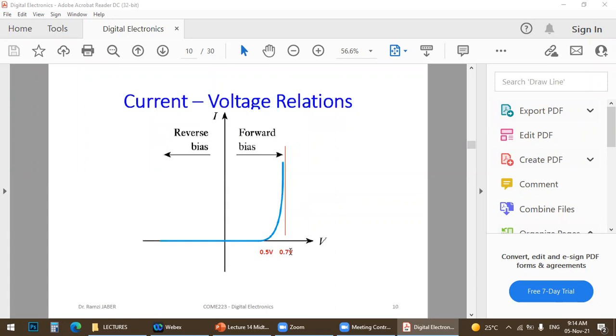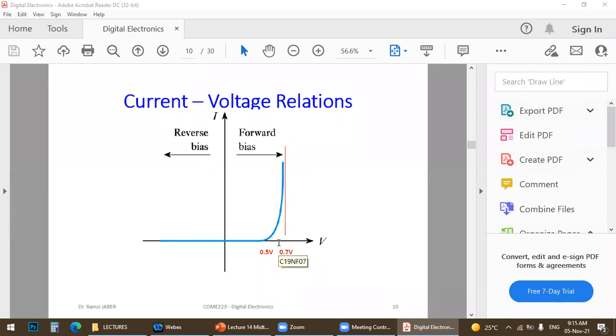At 0.7 volt we have the maximum current, and below 0.5 volt there is zero current. This is the reverse bias region.